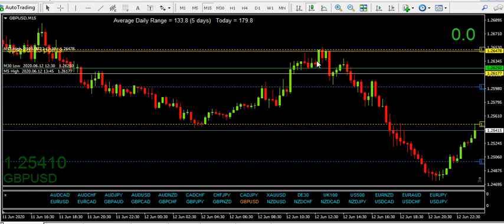Think about the fact that these wicks are sellers that have failed to overtake the market, and the buyers have moved back in again with a green candle. These are buyers that have failed to overtake the sellers, and they've just turned into new sellers. That's what these wicks are telling us.